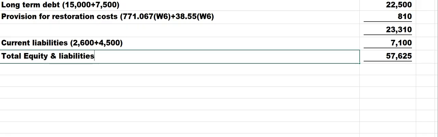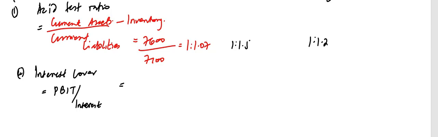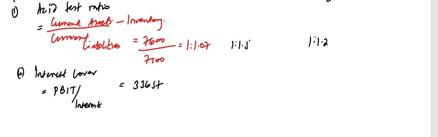So my profit before interest and tax for the group: this is before, then I have to add the interest. This is 3365, plus the finance costs 1989, then over 1989.